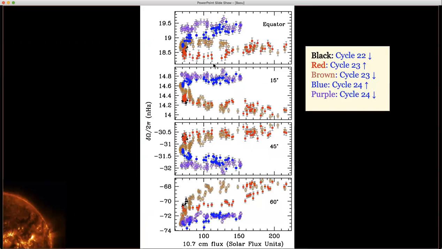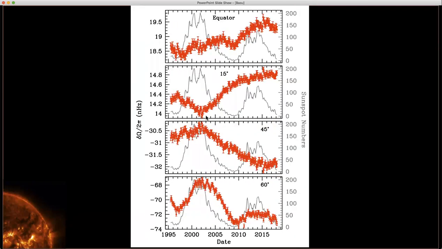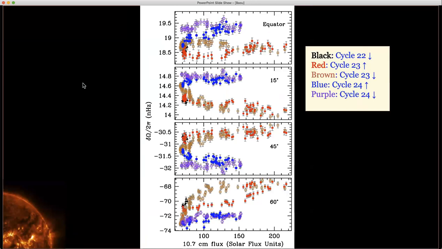And the two cycles are different even at the same level of activity. We can already see that in this figure, but this figure sort of hammers it in. Cycle 23, which are these brown and red points, the up arrow in the legend means it's the rising phase of the cycle, down means the falling phase of the cycle.